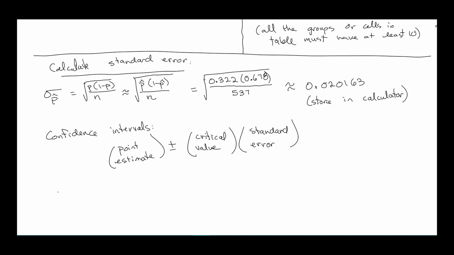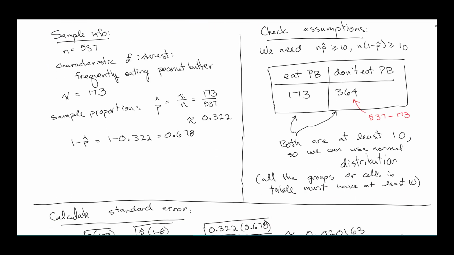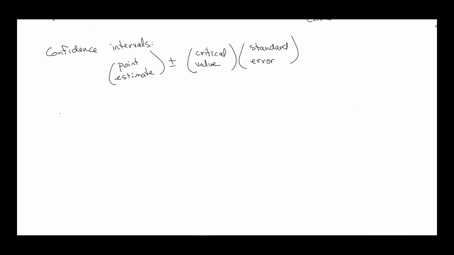Okay, so the first thing we're going to do is construct the 90% confidence interval. Let's see, what did it say? 90 and 95% confidence intervals. Okay, so let's start with 90%. We need the critical value, right?